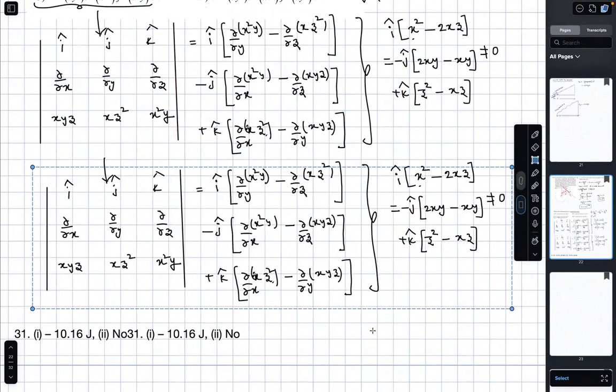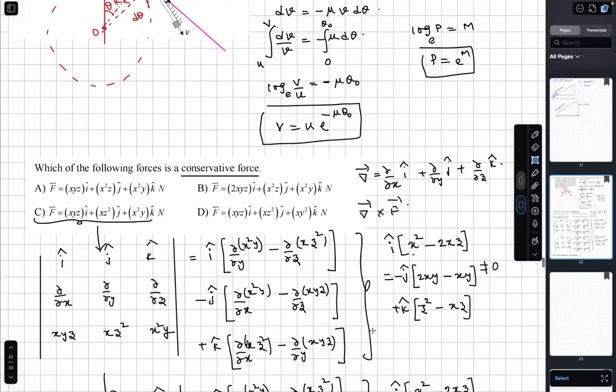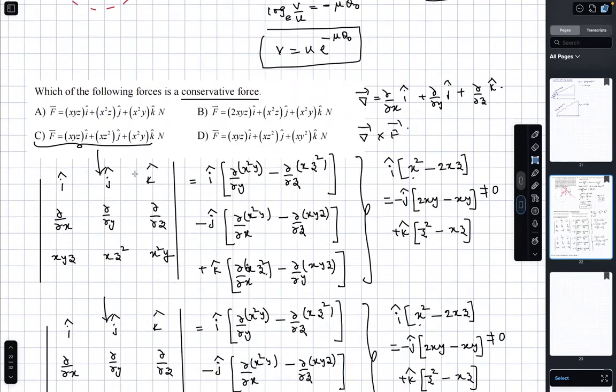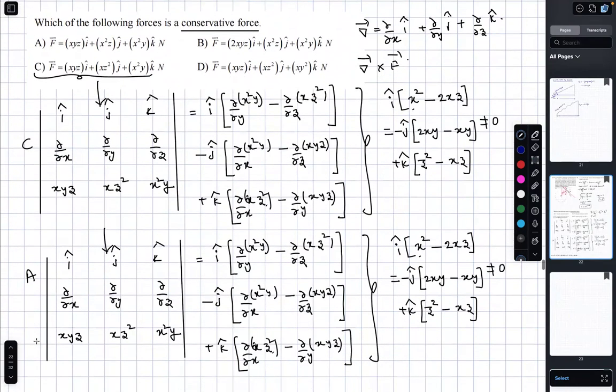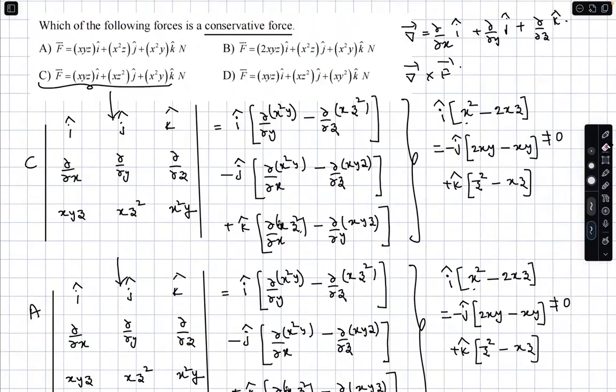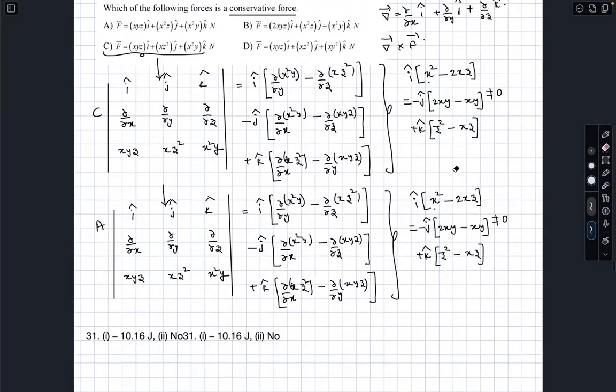The only thing I will modify is, now I'll take A. This is C. Now I'm taking option A. XYZ, X square Z, X square Y. XYZ, erase. You need to erase.